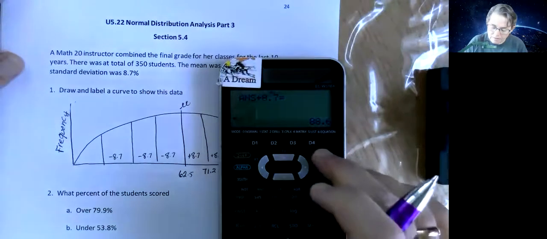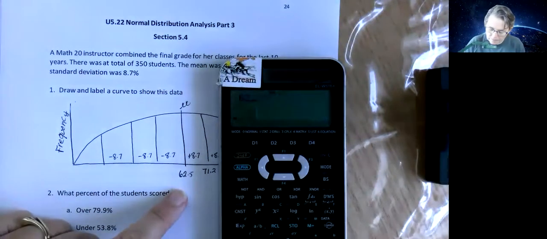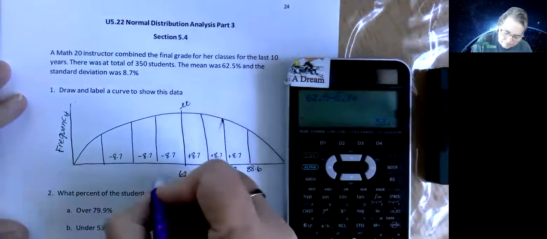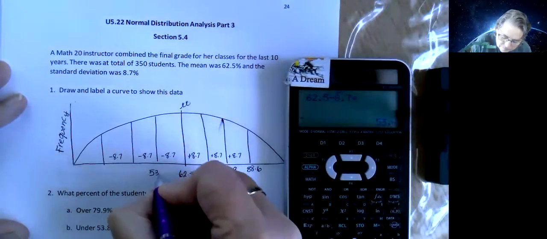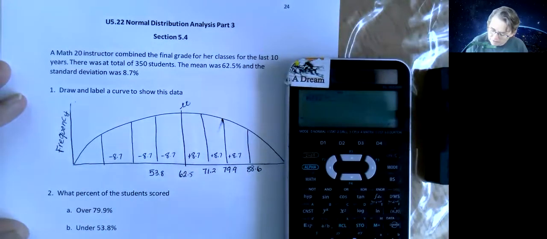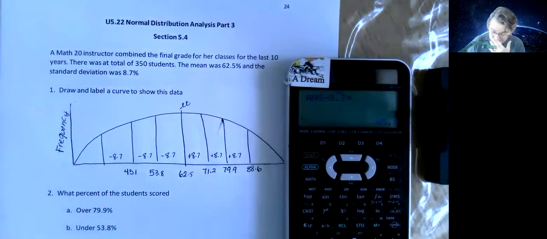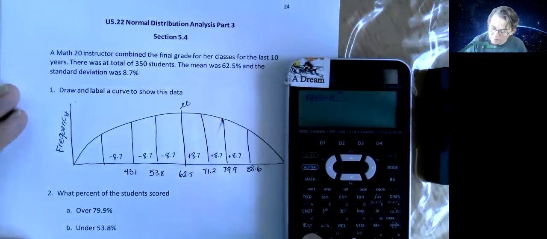Now, if we're going the other direction, we start at 62.5 and we subtract 8.7. Minus 8.7. Minus 8.7.